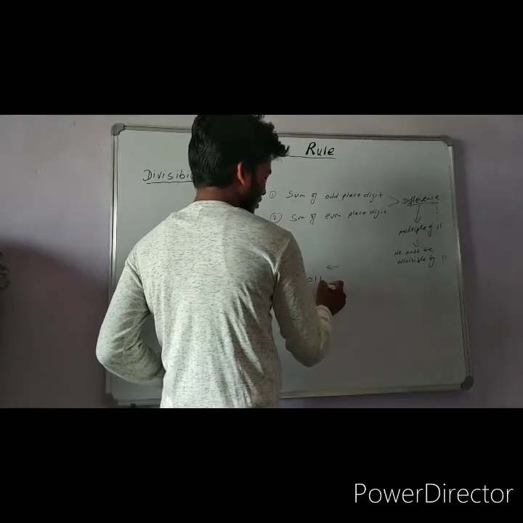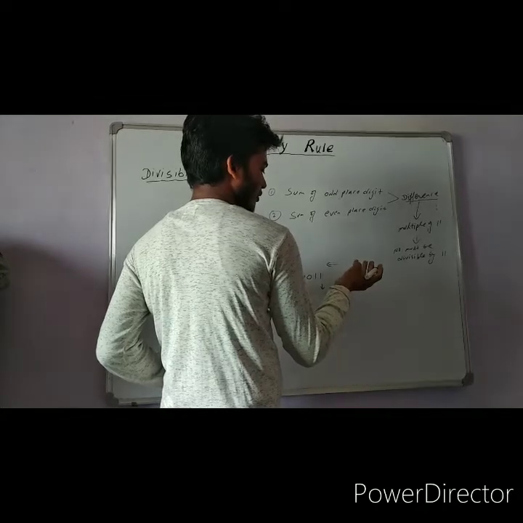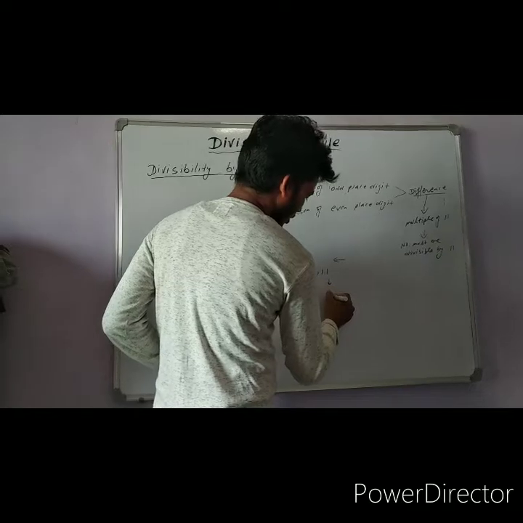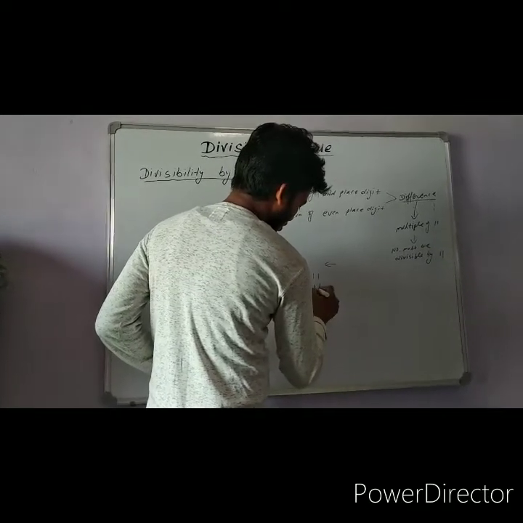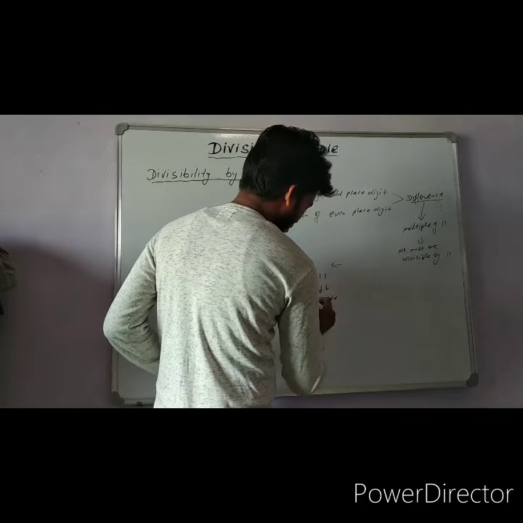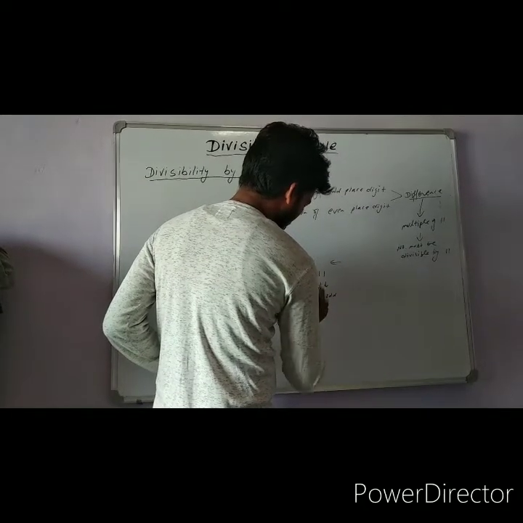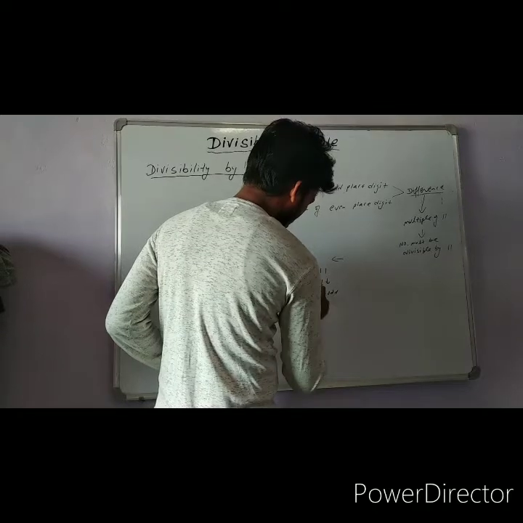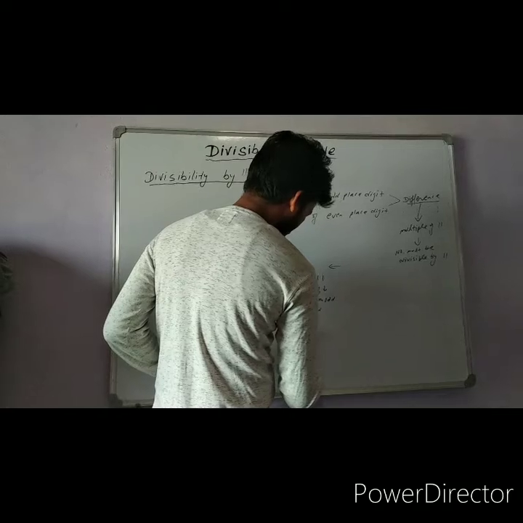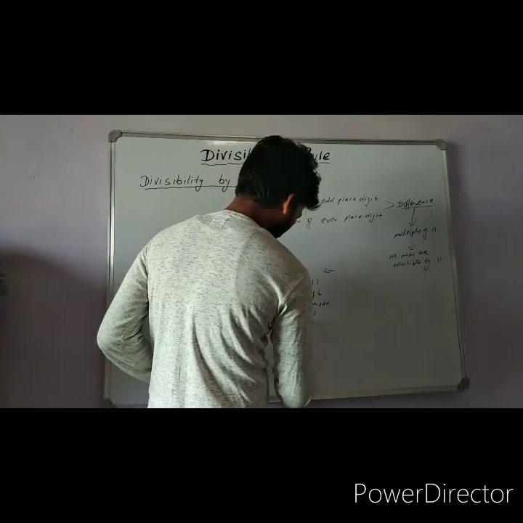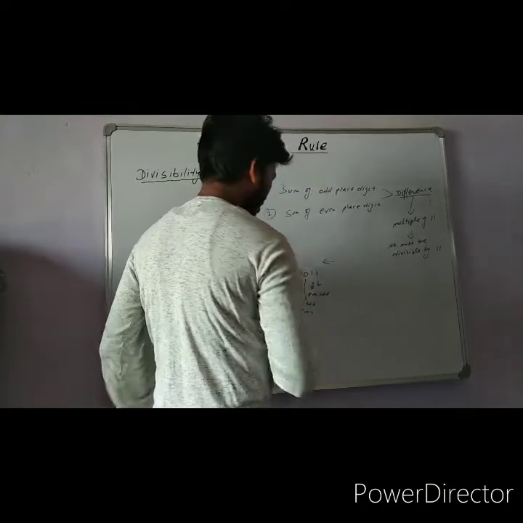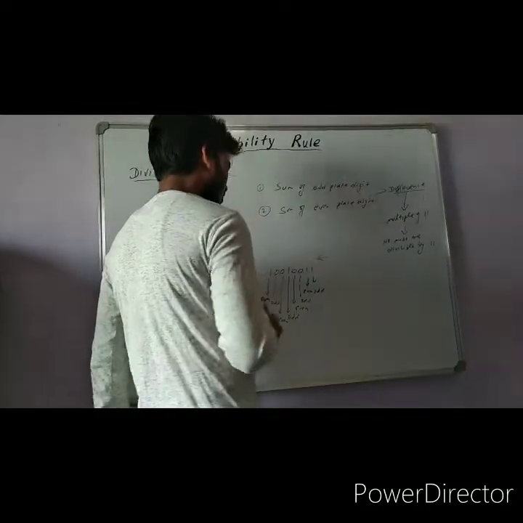You know that 1 is odd, 2 even, 3 odd, 4 even, 5 odd. So this is odd, this is even, this is odd, this is even, this is odd, even, odd, even. You have to put them alternately: odd, even, odd, even.